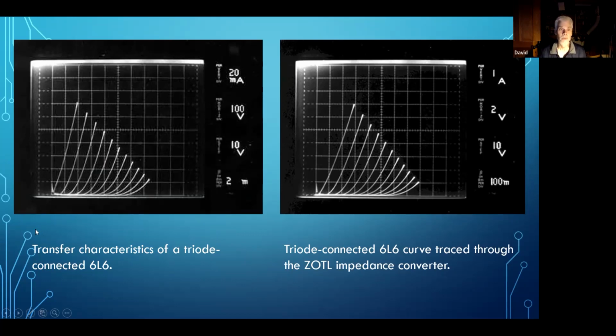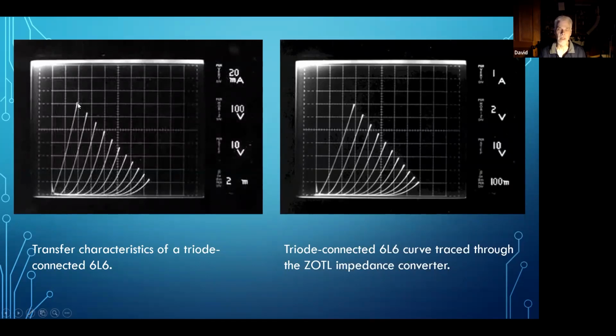So with a 6L6 in a triode configuration, if you look at this point up here where it's turned on as much as it's going to be, for this condition you get about 200 volts plate voltage, and the plate current is going to be about 140 milliamps at that point.